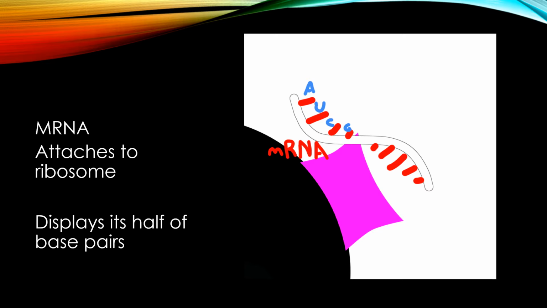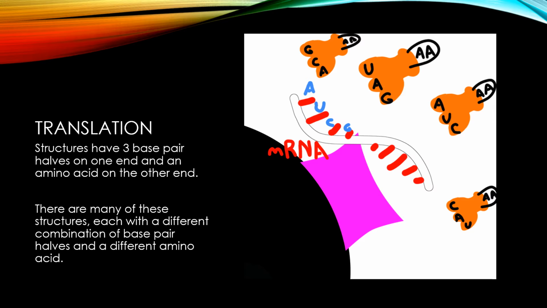So see, here it is attached to the ribosome, and it has the complementary base pairs that were created inside the nucleus that match up to the corresponding base pairs on that DNA. Now, while the mRNA is out here attached to the ribosome, there's all these little floaty things. Do you see these orange things?